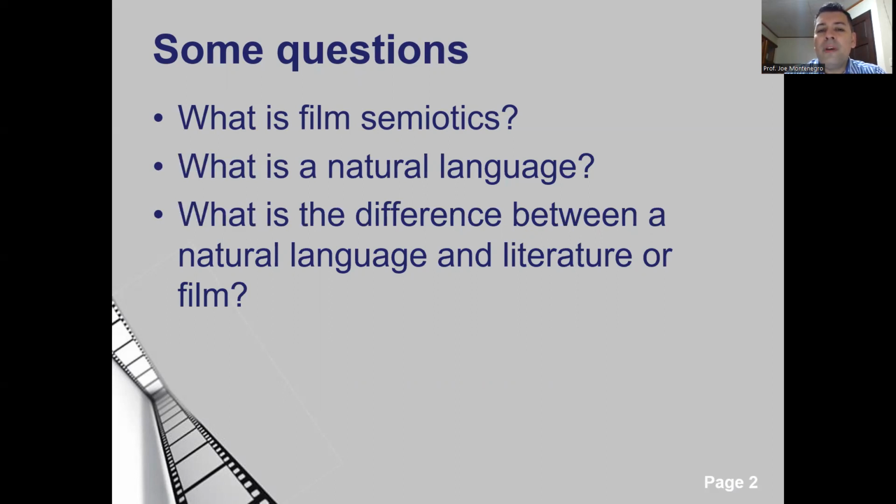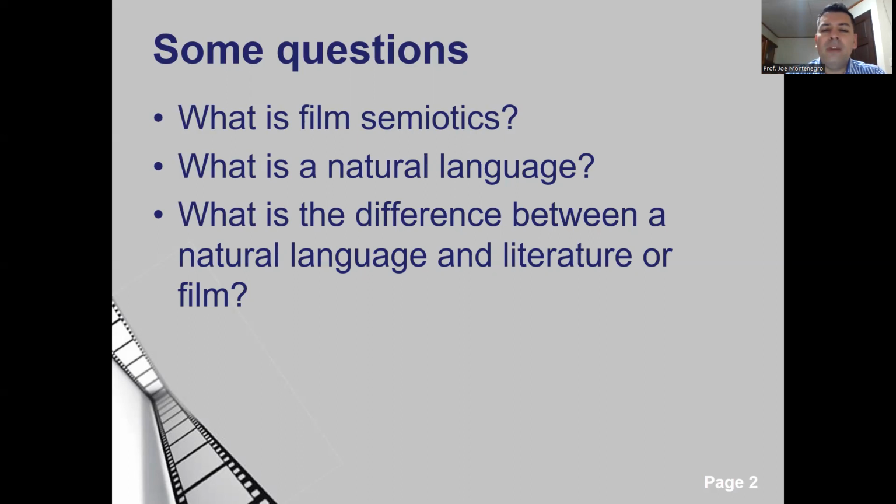So in that sense, a natural language and literature and film are similar, but different in the sense that you can speak a natural language in a much more natural way, hence the word, whereas literature and film are more complex systems that need to be learned and that not anybody speaks or can use effectively. So they're more like systems of signification as opposed to a language that you can speak fluently with anybody.